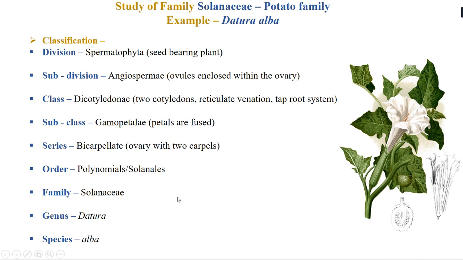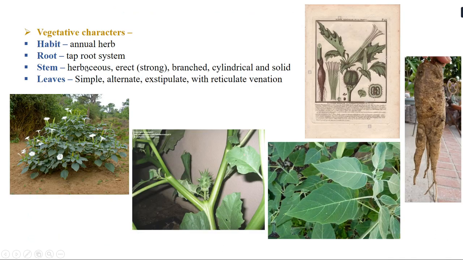Now after the classification, let us study the vegetative characteristics of this plant. First, we write the habit. The habit of this plant is that it is an annual herb. It is considered to be a herb plant, and an annual herb plant.